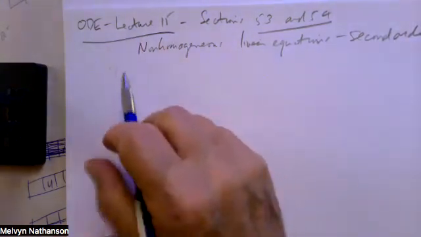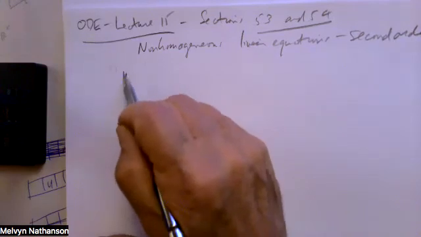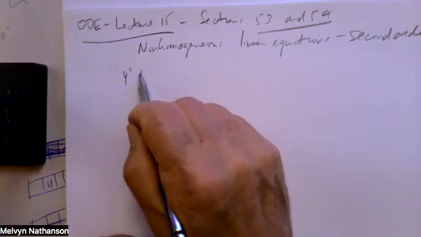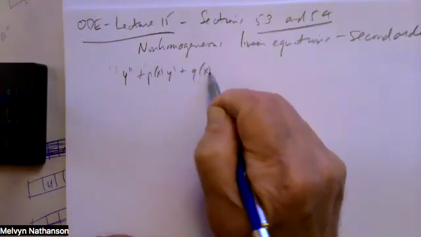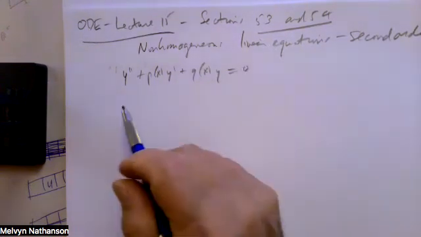So a homogeneous equation will typically look like y double prime plus p of x y prime plus q of x y equals 0.